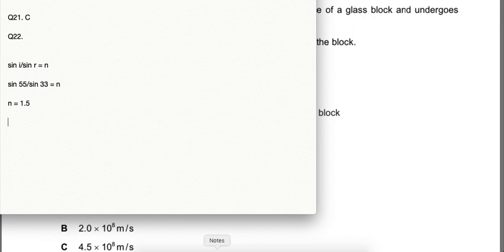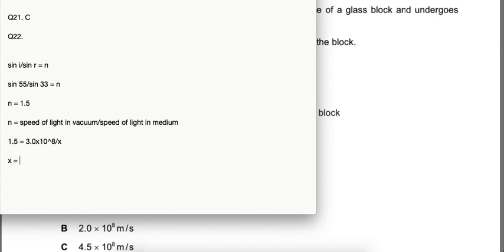And then we have a formula with which we can find the refractive index in terms of the speed of light in vacuum and speed of light in a given medium. x is our unknown, the speed of light in the medium.